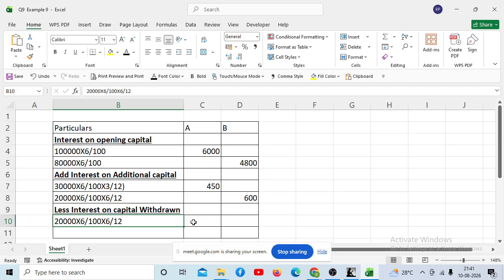Calculate that, and since it is to be subtracted, write it in brackets. 600. I had put it with a minus sign, but you write it in brackets. For B there are no drawings. Now we will do the final totaling of this. That is 6,000 plus 450 is 6,450, and from 6,450 you subtract 600 and tell me the final answer.